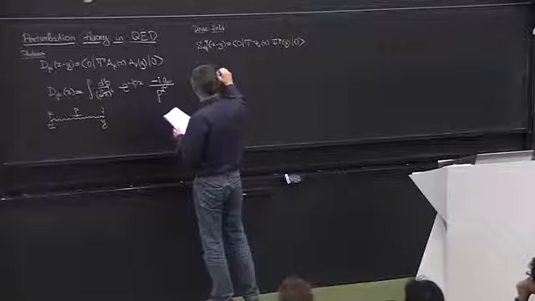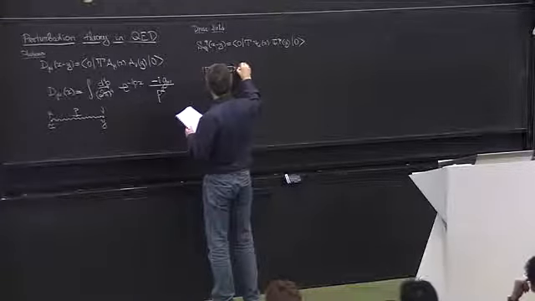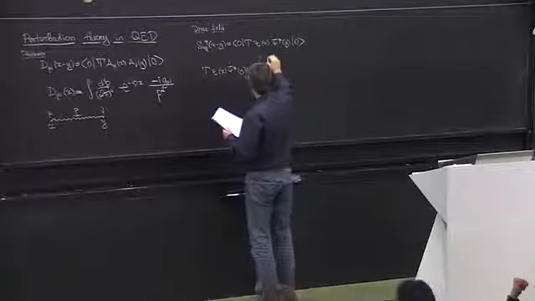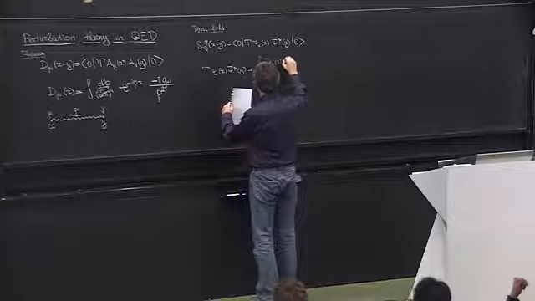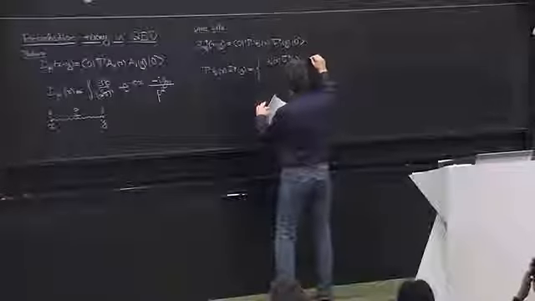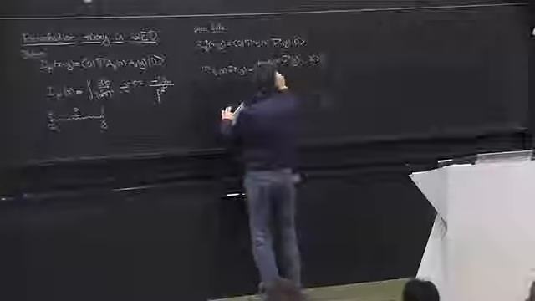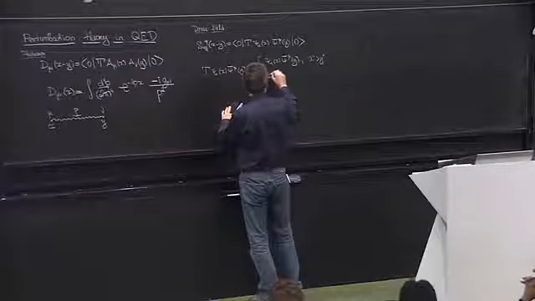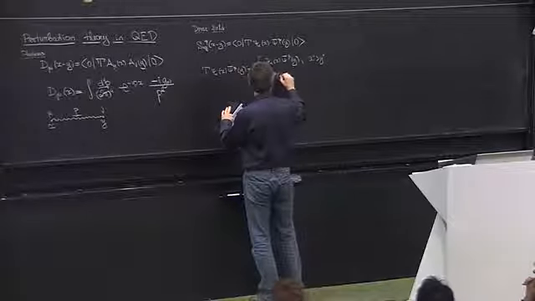The time-ordered product of psi alpha of x, psi bar beta of y is defined to be psi alpha psi bar beta if x0 is larger than y0, but if y0 is larger than x0, then we interchange their order but also change the sign.